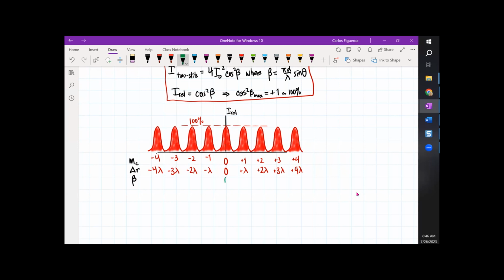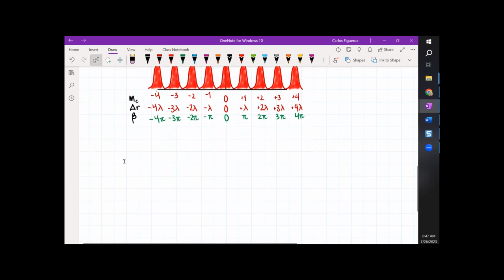It's the beta function that I like the best, because this tells me now it's pi, 2 pi, 3 pi, 4 pi, minus pi, and we have increments of pi. So beta is the most important one to actually look at. It's the simplest one.